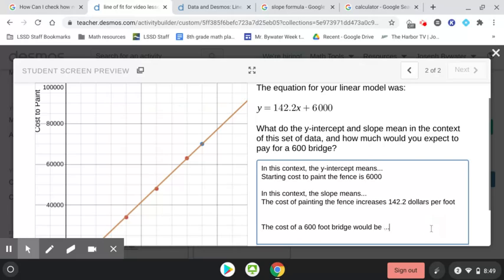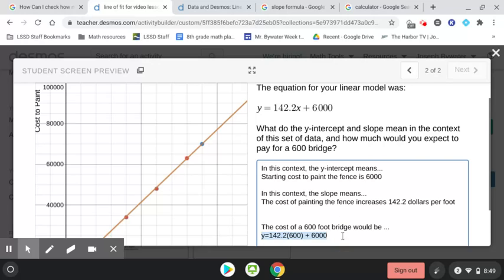Here's the trick for that. I'm going to use my equation. I'm going to say y equals 142.2, and instead of x, I'm going to make a substitution of 600 feet. That's what I'm told. Plus 6,000. So that's my trick I'm going to use right here.